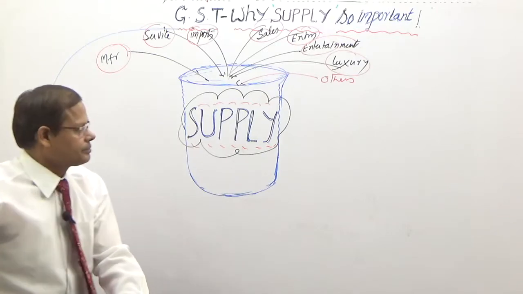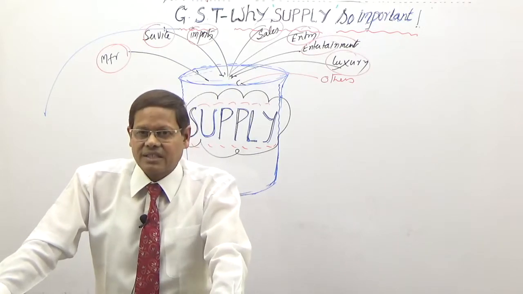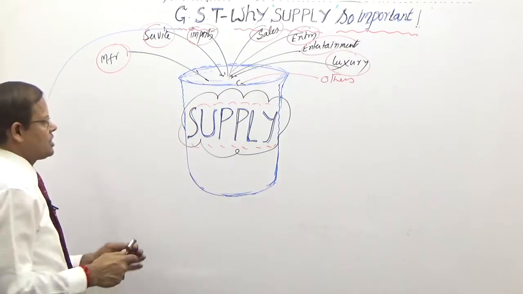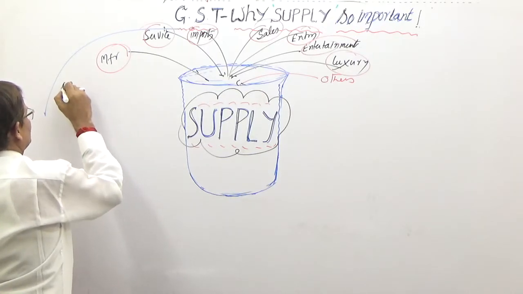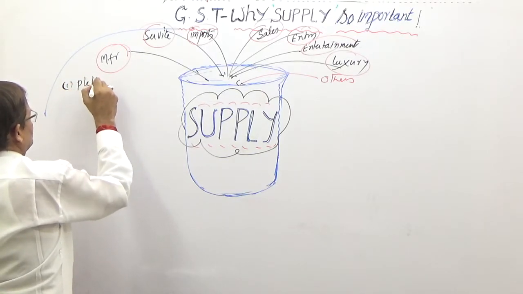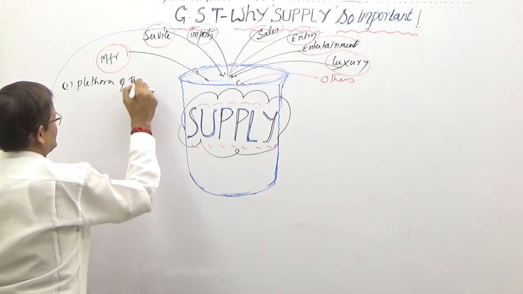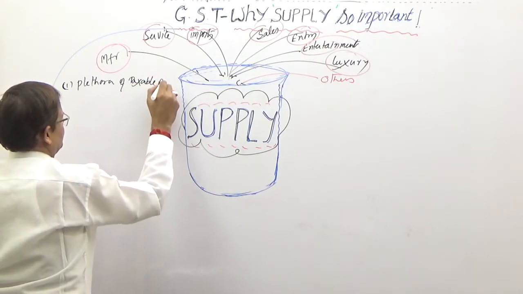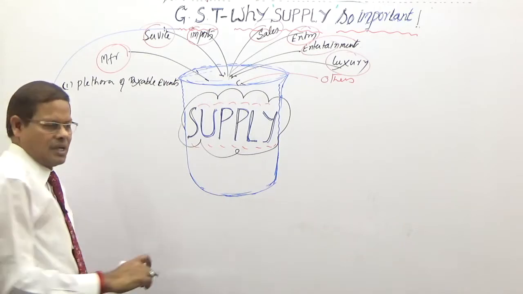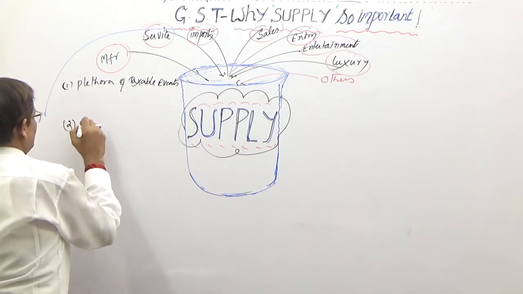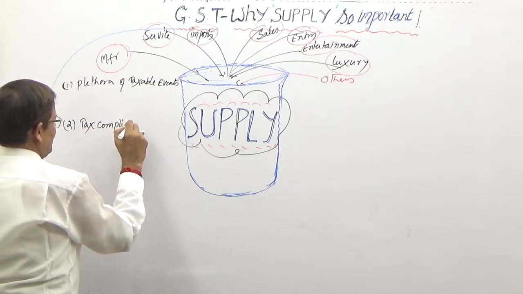And secondly, if you look at tax compliance under GST, the second reason I see, number one reason is plenty of taxable events. So many taxable events were there. Now it's not like this, all under one roof. And secondly, tax compliance, tax administration, etc.